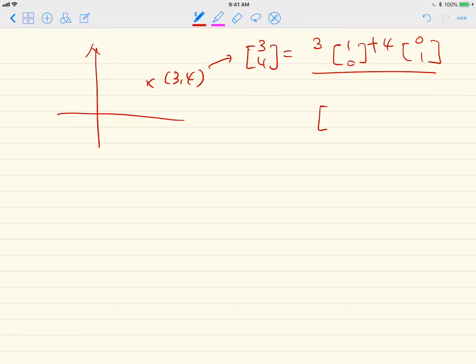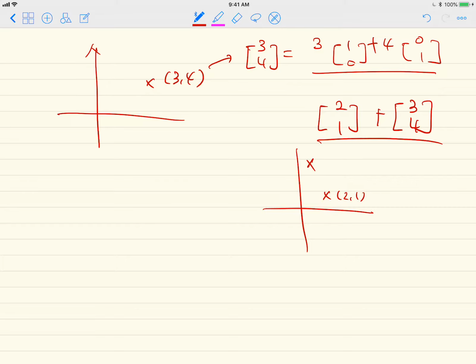In order to think of this linear combination of the vectors, let me just consider this vector addition. So we have a 2, 1 here, and 3, 4 over here. And then what's the geometric meaning of this vector addition?